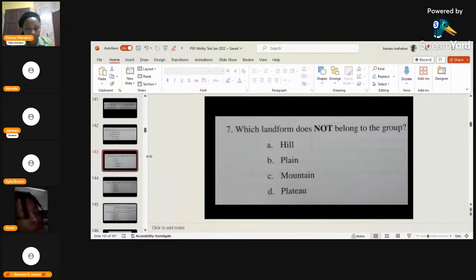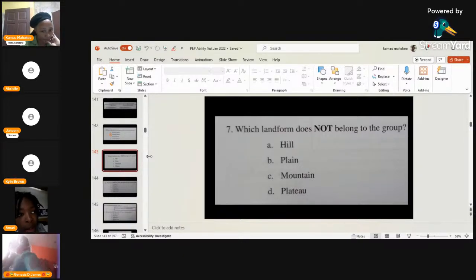Why? Because the hill has like up, and the mountain is also up, and the plateau is also like a rock that is also up. They're highlands. Yes. But a plain is a low flat land.